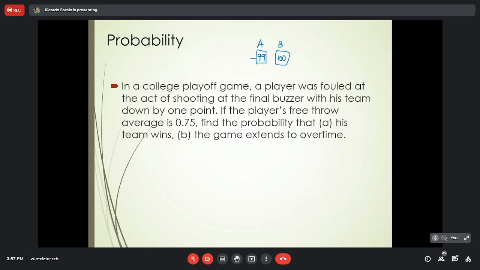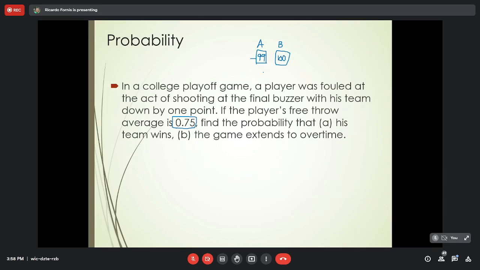And the fouled player has this statistic. The free throw average is 0.75. That's the free throw average of the player, meaning 75% of the time he can convert the free throw into a point. Find the probability that letter A, his team wins.